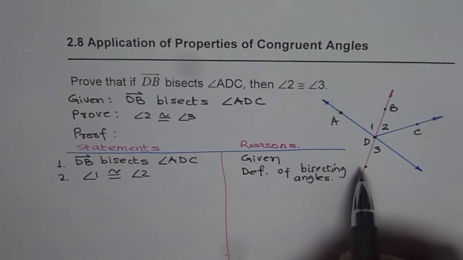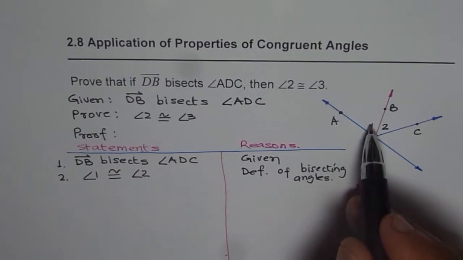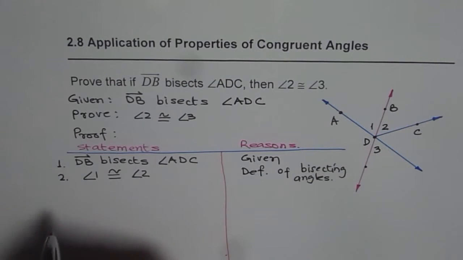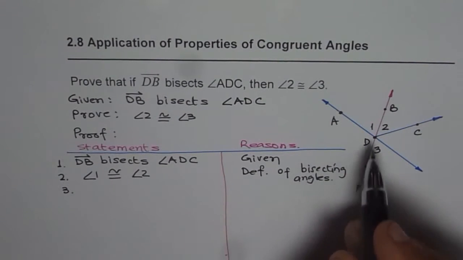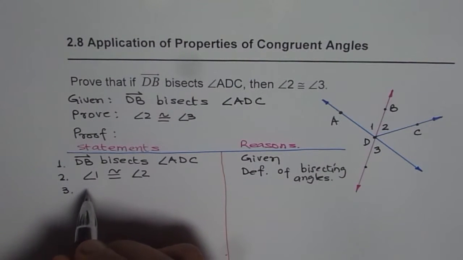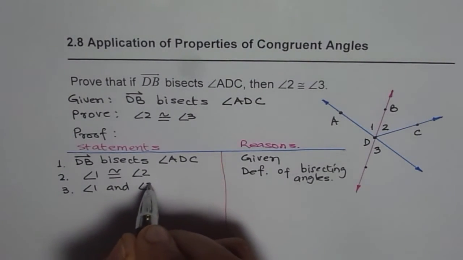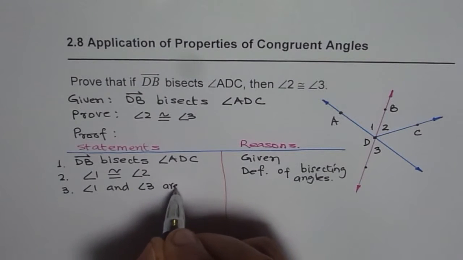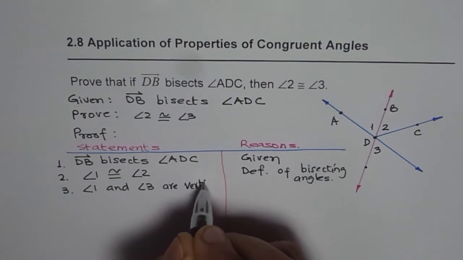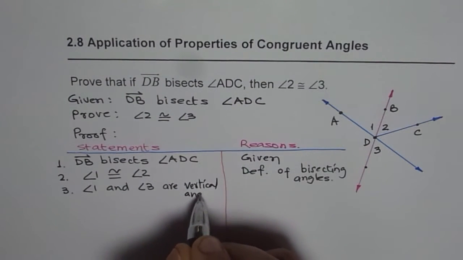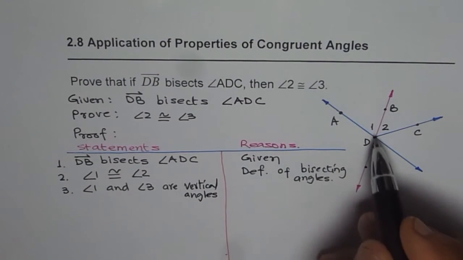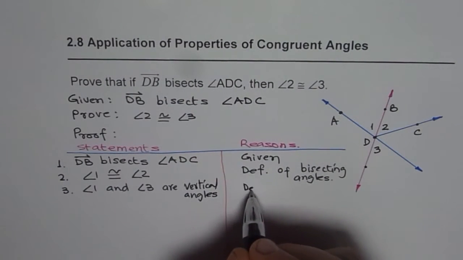Now, angle 1 and angle 3 are vertical angles, correct? So we know that angle 1 and angle 3 are vertical angles. That is from the definition of vertical angles.